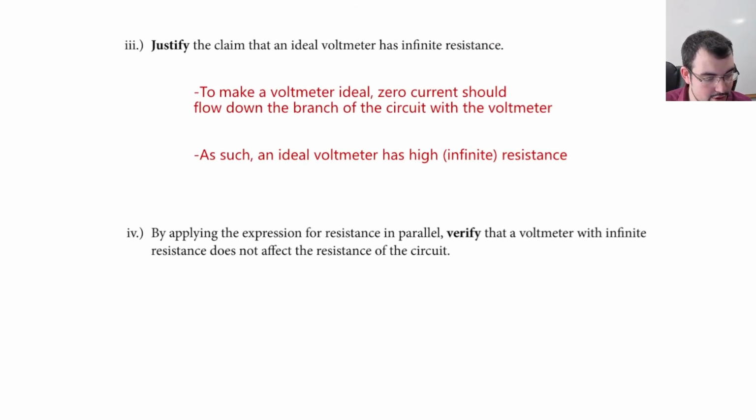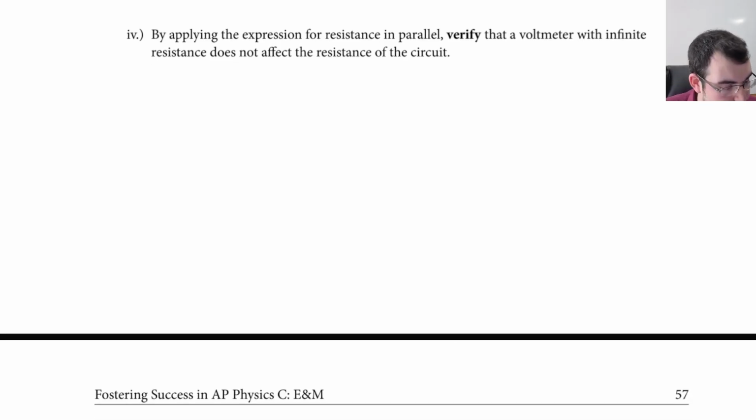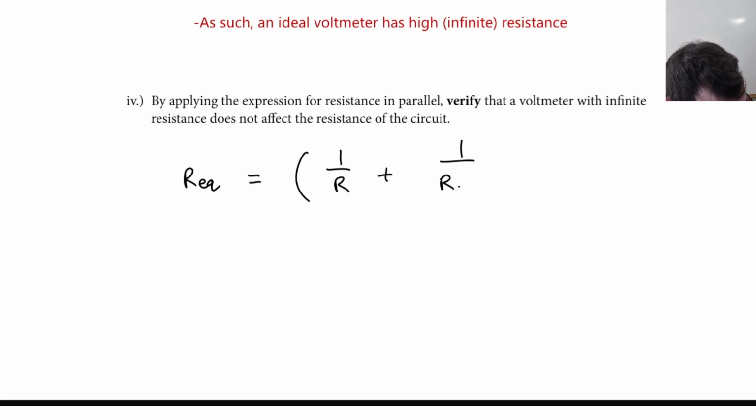And here we'll actually show that claim. So Req is going to be equal to (1 over R plus 1 over R of the voltmeter) to the -1 power. And we said a voltmeter, if it's ideal, should have infinite resistance.